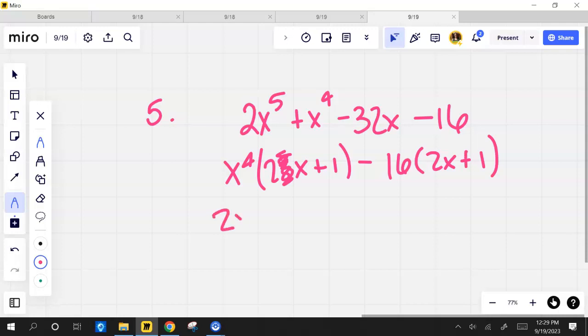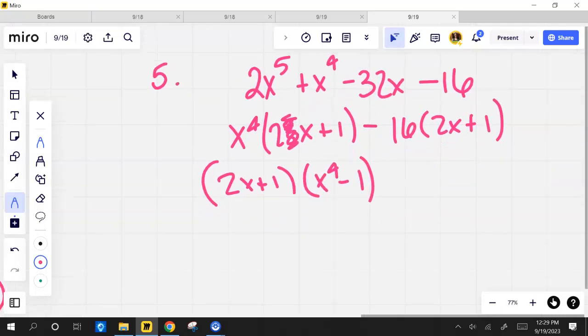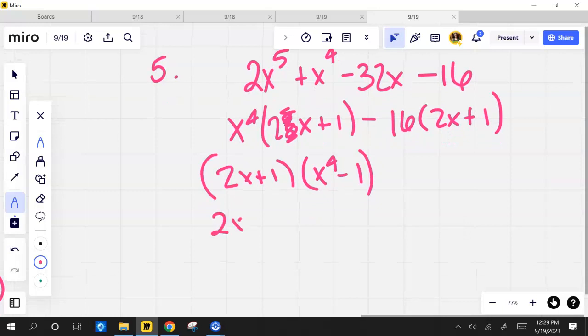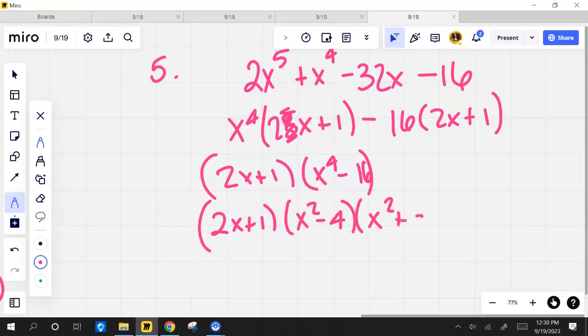Okay, so I got 2x plus 1. No. I would go ahead and split this up. Minus 4, x squared plus 4.